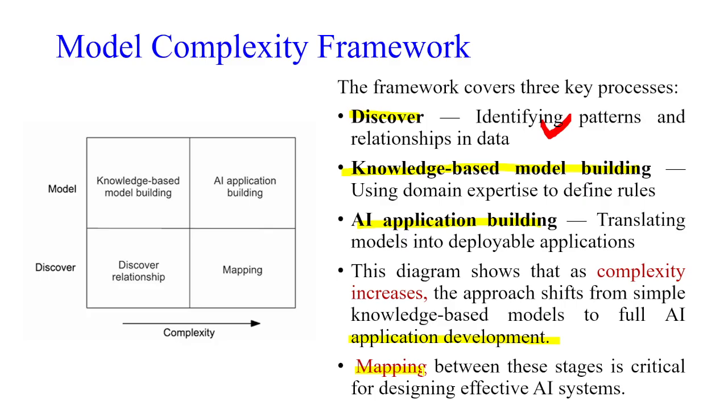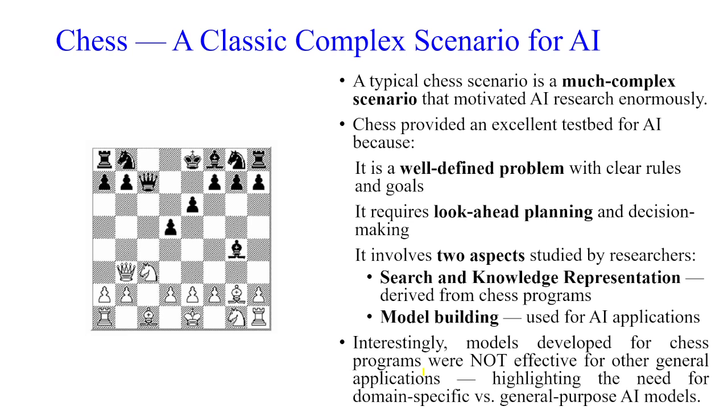Now, we will take an example. The classic example is chess. Here, chess is considered a classic and very complex scenario, and it motivated AI research enormously. Let's talk about why.